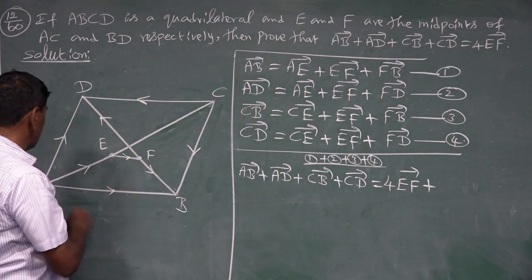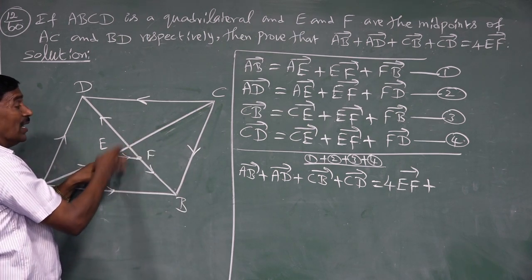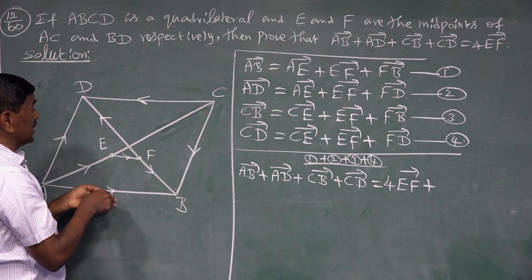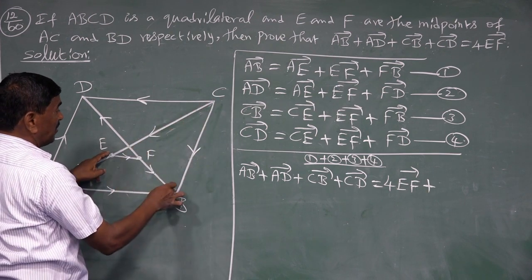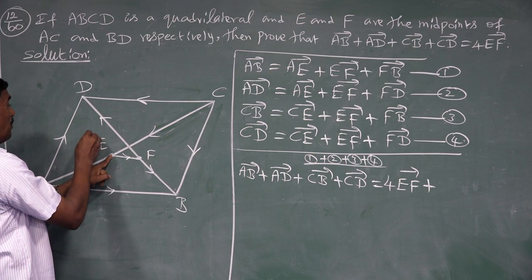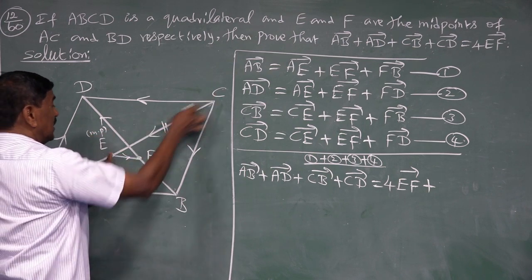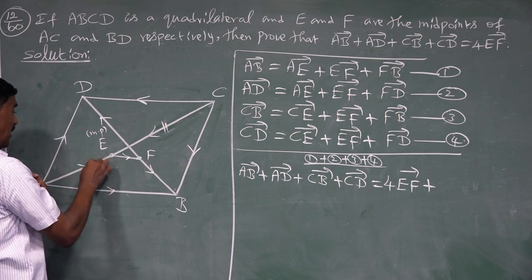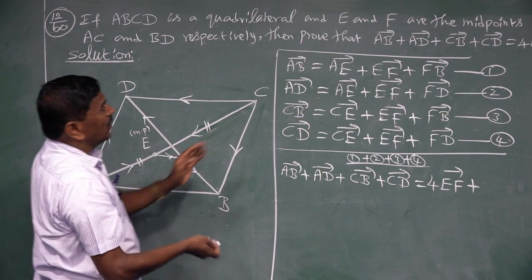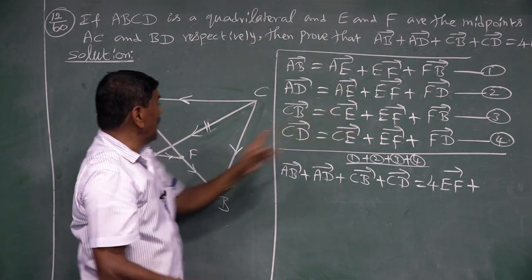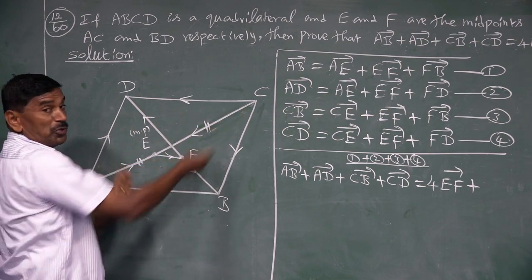Listen, AE vector and CE vector are equal in magnitude but opposite in direction, because CB vector is equal to CE vector plus FB vector. Therefore, E is the midpoint. Therefore, CE vector is equal to AE vector in magnitude, but opposite in direction.